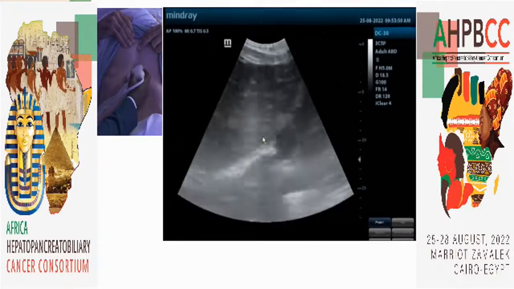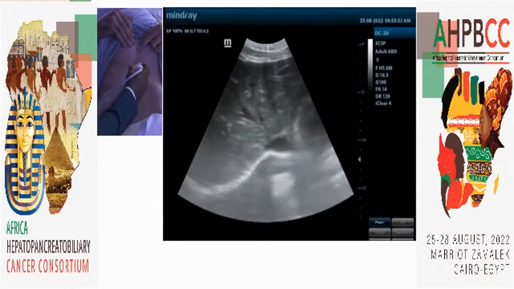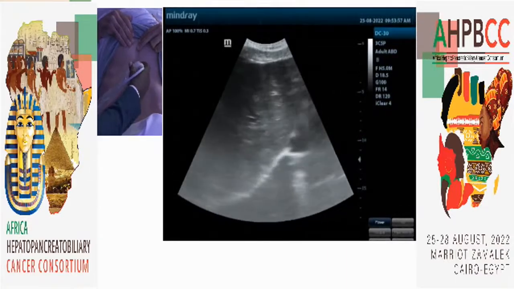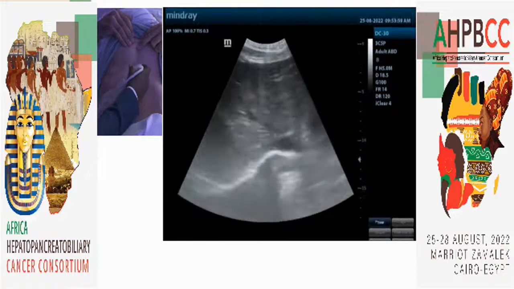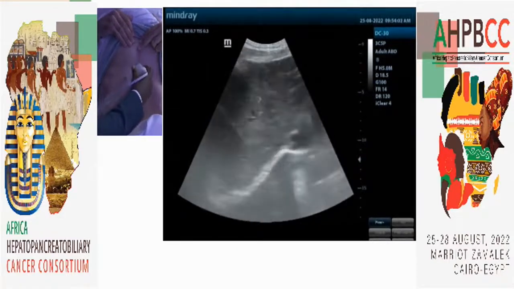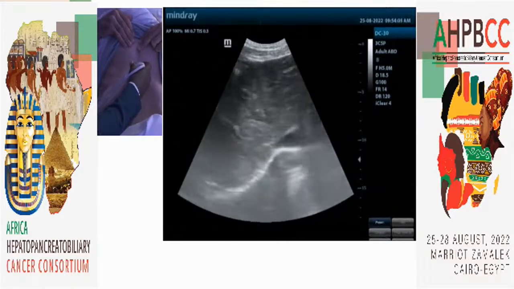I may not even need it. This is a non-cirrhotic patient, yes? Yeah. So we have excluded cirrhosis, and then we can see the focal lesion. At least I've seen one for now.